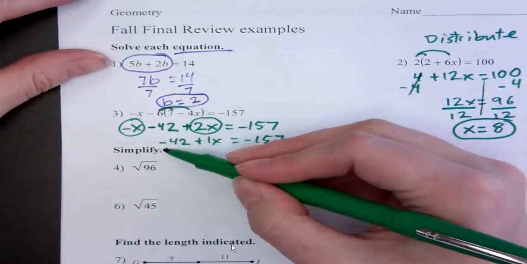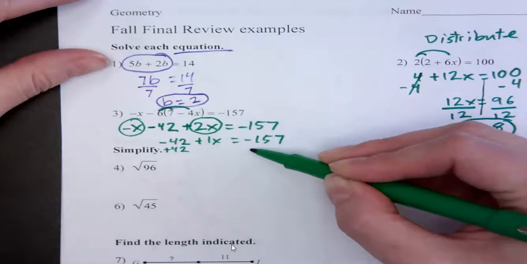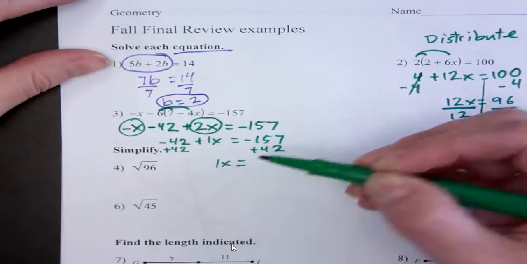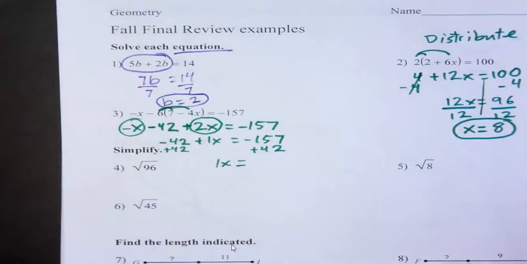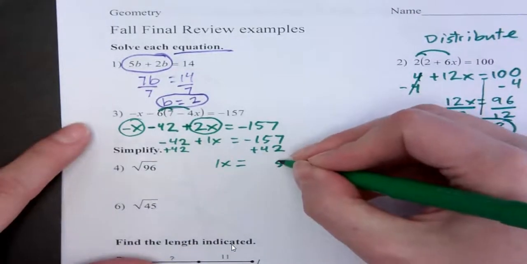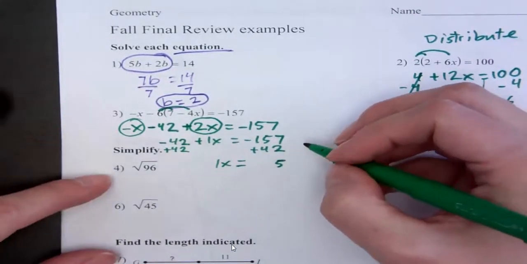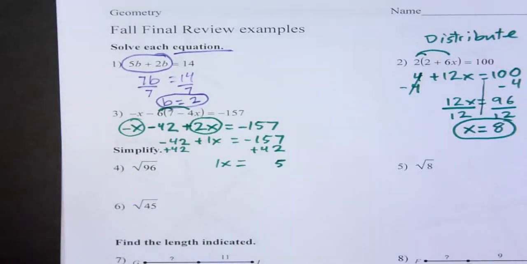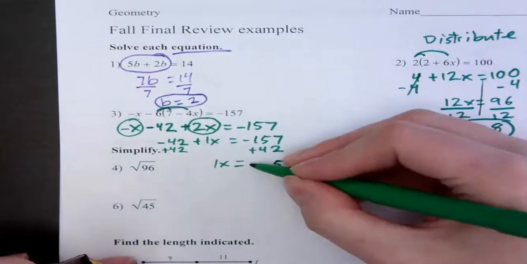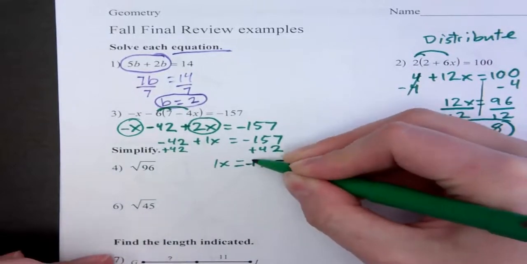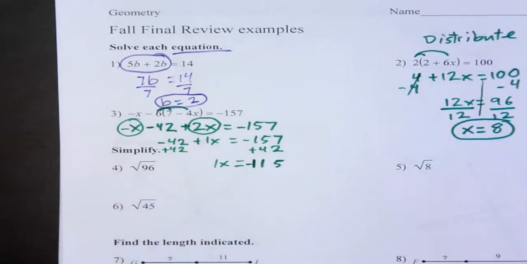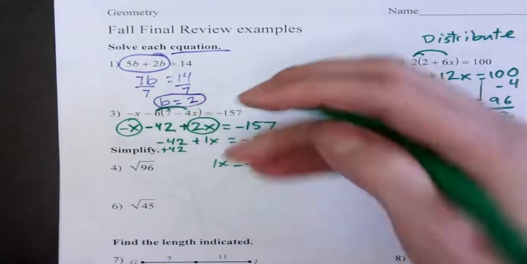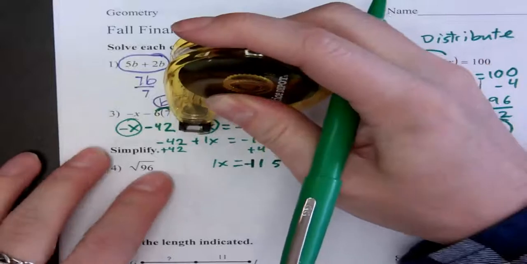Then I add my 42 to each side to get my 1x equals negative 115. And I just realized I wrote down 2x instead of 24x, so we're going to correct that.